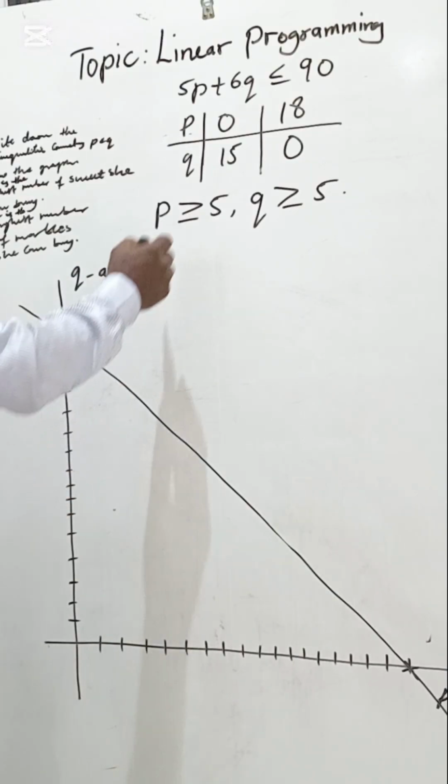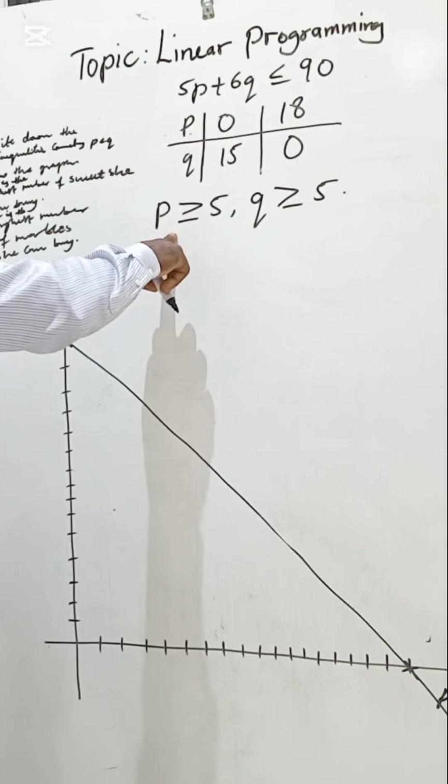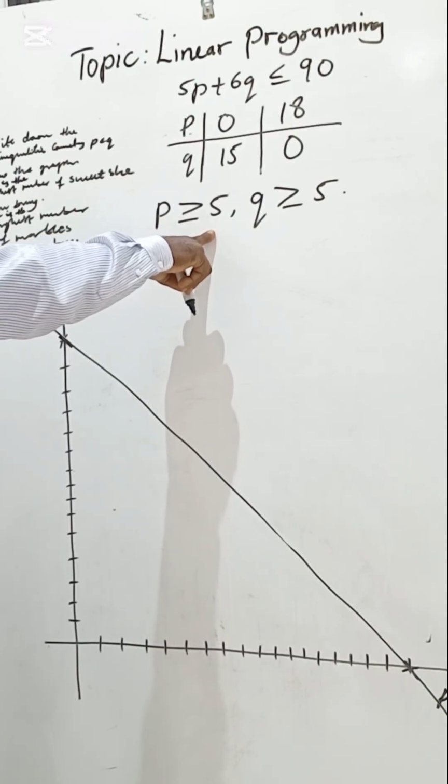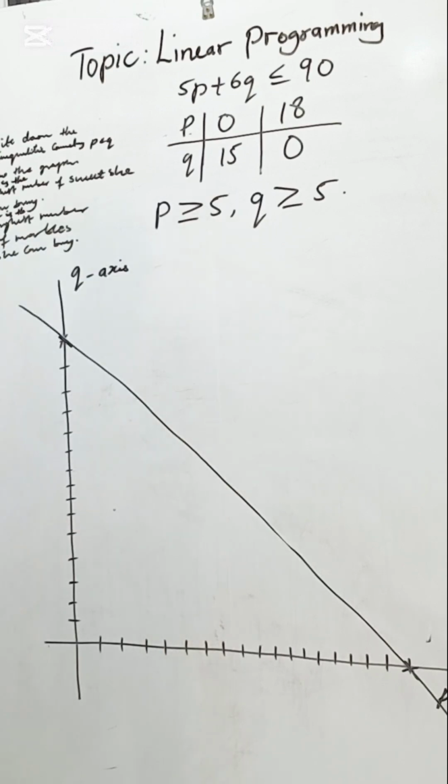Secondly, I will draw the graph of P greater or equal to 5. The graph of P greater or equal to 5 is a vertical line.